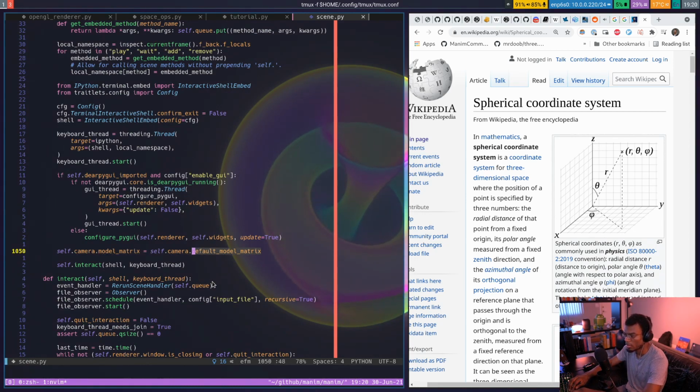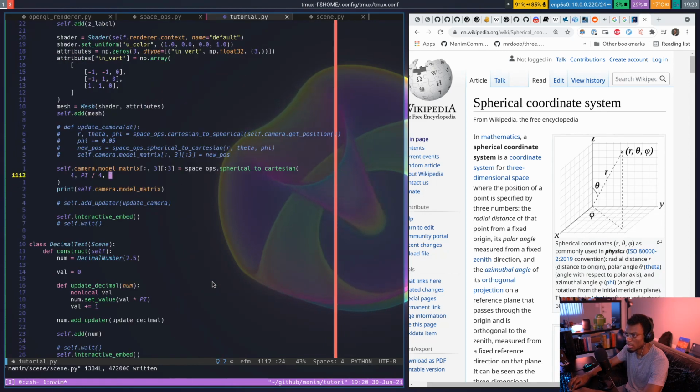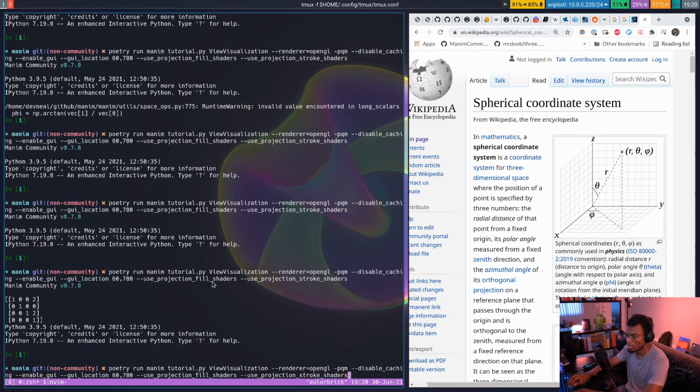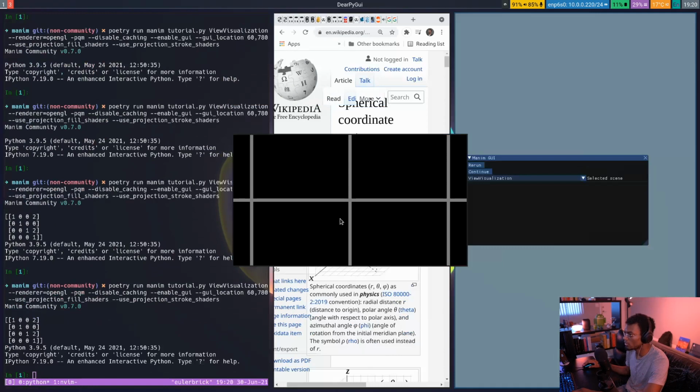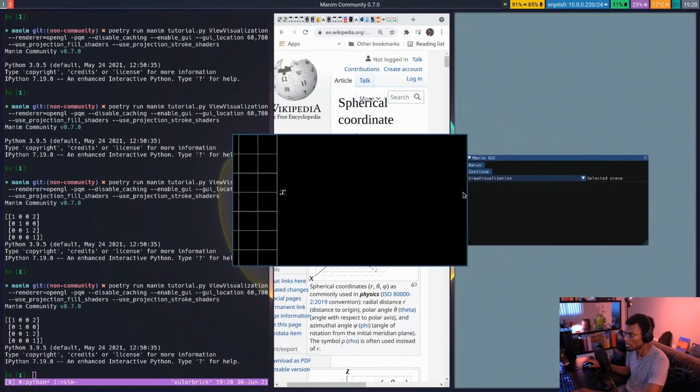I don't think I want to do this, because if I wanted to set a default model matrix, why wouldn't I just set one in the scene? Like that. So maybe that... Okay. That did in fact change it.